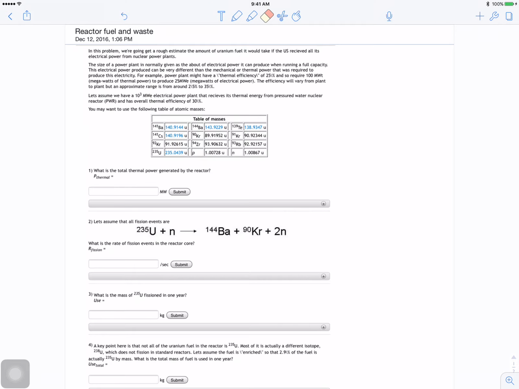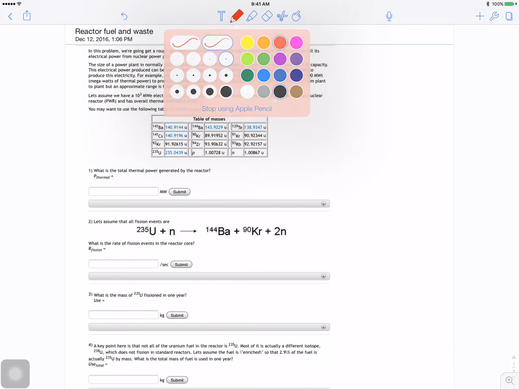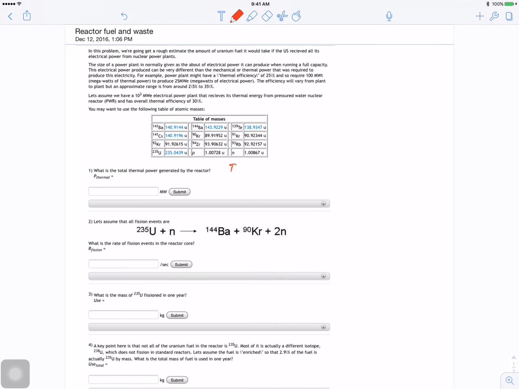In the first question, what is the total thermal power generated by a reactor? They want to find the total. Let's do red today. The total multiplied times 0.3, which is the percentage, is going to be equal to 10 to the 3, which is how much electric power the plant receives.